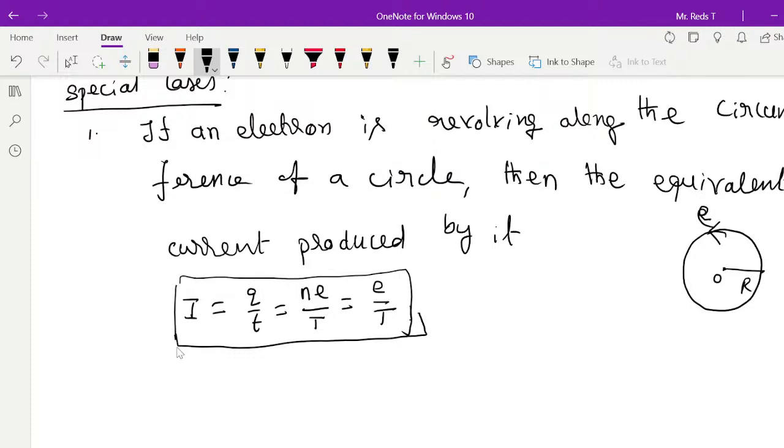You have to take the number of charges. So when electrons are flowing in anti-clockwise, the opposite direction will give you the current direction. So N1 E plus N2 E gives you the total charge. By the time period gives the total current. So this kind of points you have to just keep in mind.